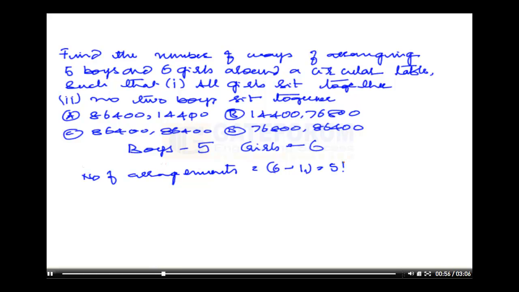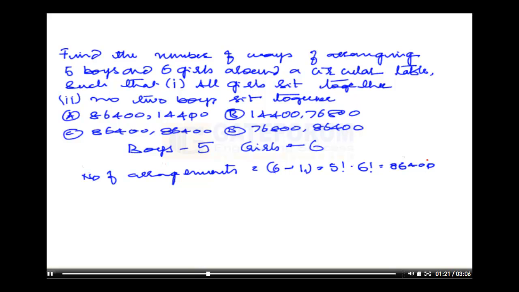And as the girls are together, these 6 girls can be arranged among themselves in 6 factorial ways. Hence the total number of arrangements would be 86,400.